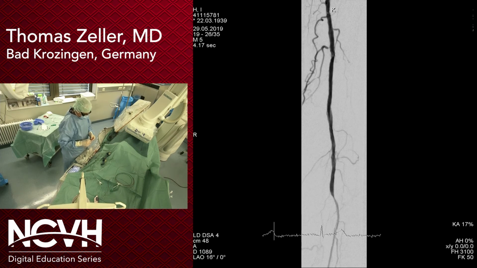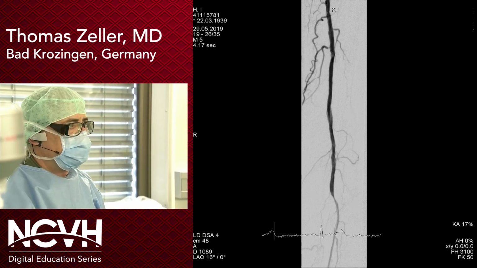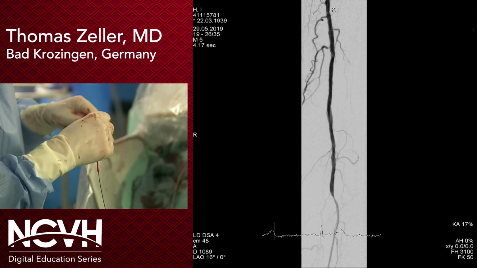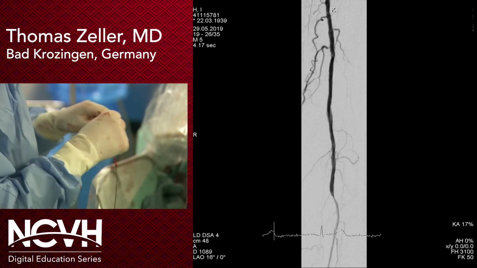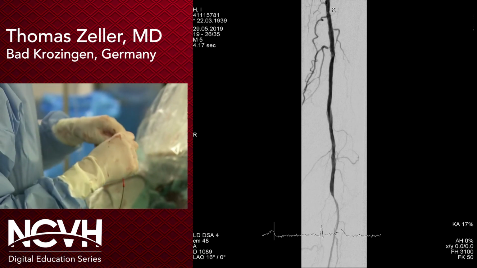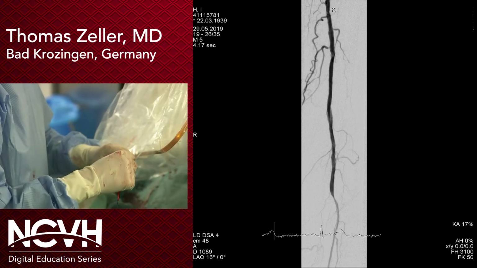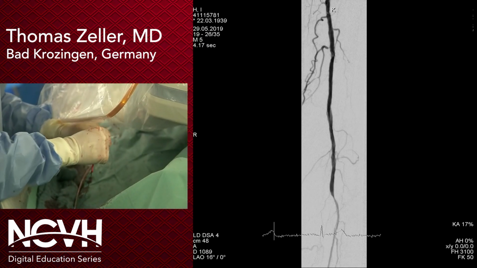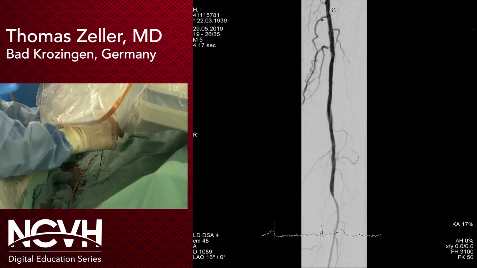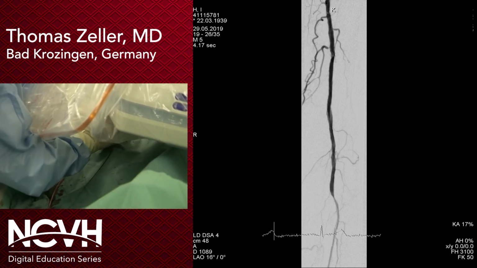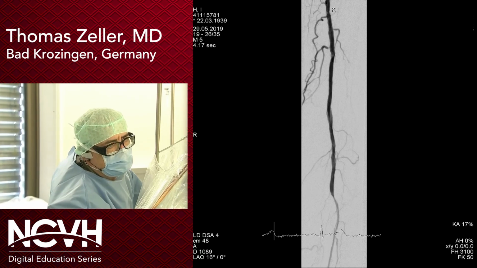Jetstream or directional atherectomy? In my practice, we use the Jetstream preferentially. Yeah, or Phoenix. Okay. I've used it below the knee. It's pretty easy to use. Yeah, so what I was using here was the 2.2 millimeter Phoenix atherectomy system.